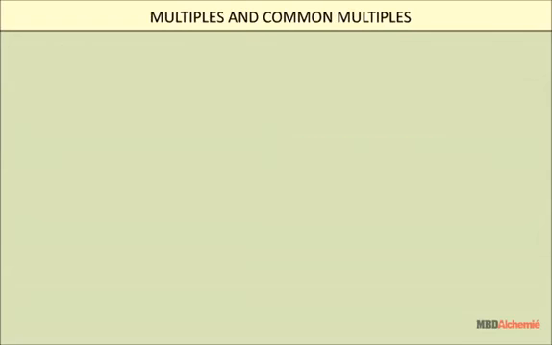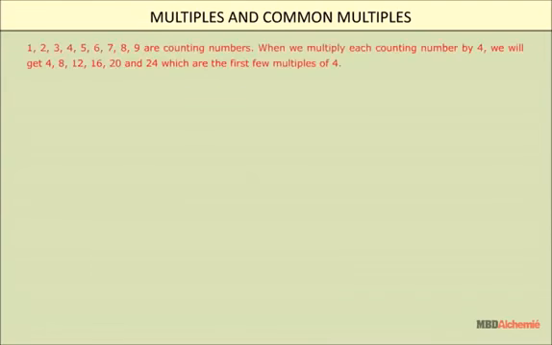Multiples and common multiples. 1, 2, 3, 4, 5, 6, 7, 8, 9 are counting numbers. When we multiply each counting number by 4, we get 4, 8, 12, 16, 20 and 24, which are the first few multiples of 4.